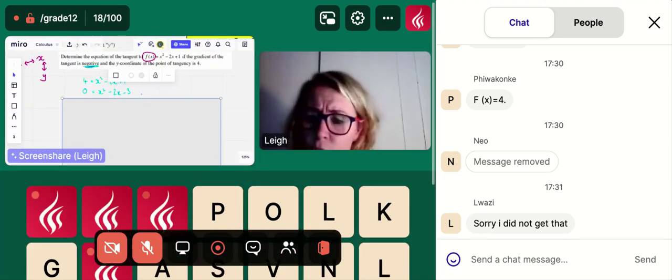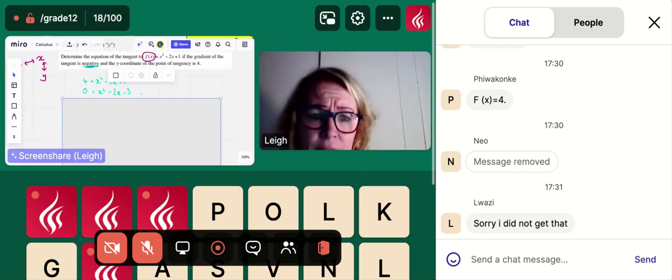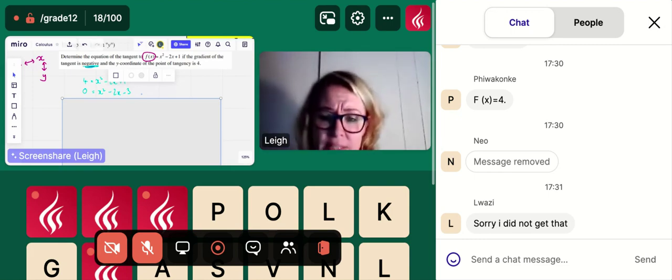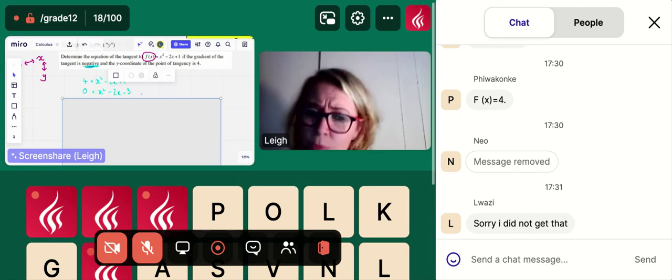Luazi, can you see what's on the screen at the moment? Are you okay with the idea that we've made f of x equal to 4 because that is the y coordinate? What we've done is rearranged and got it into standard form. So I've taken the 4 over to the other side, and now I've got 0 equals x squared minus 2x minus 3.